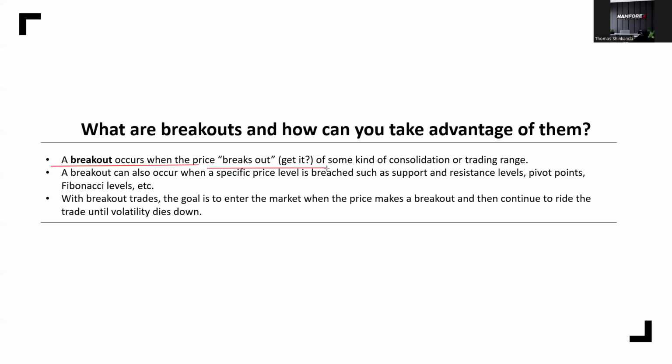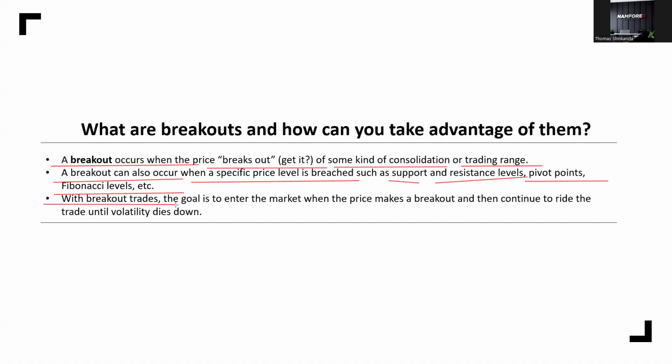There was a level and then it passed that level. Maybe there was a support and then it just melts down, or there was a resistance, then it goes above the resistance of some kind of consolidation or trading range. A breakout can also occur when a specific price level is breached, such as a support or resistance level, or a pivot point or a Fibonacci level.